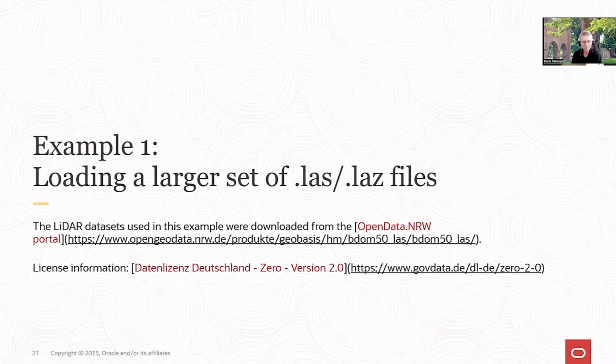I mentioned before that I've picked a few data sets that are published as open data for one of the states in Germany. We have this point cloud data set with a certain resolution representing a specific area in this state. And I've also included the information about the licensing here.